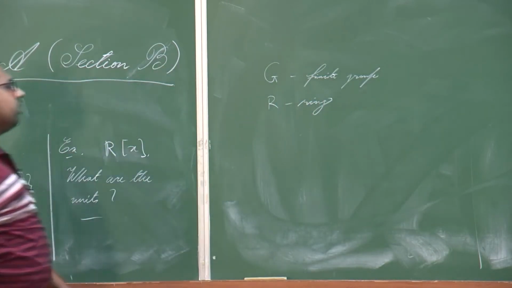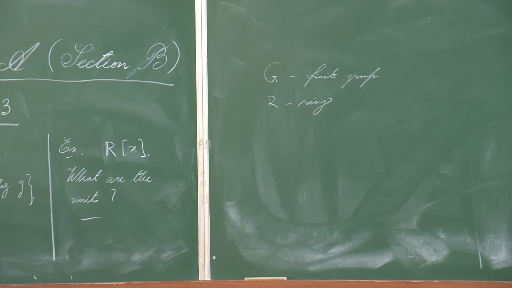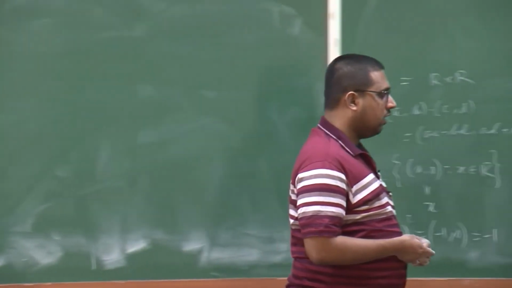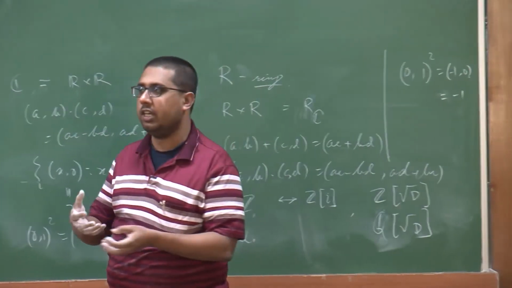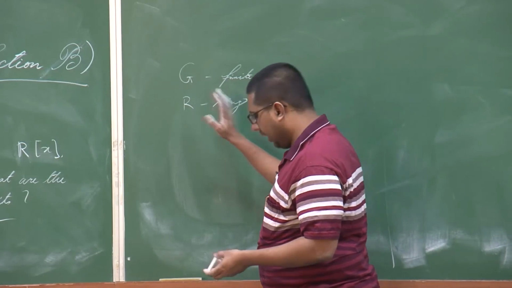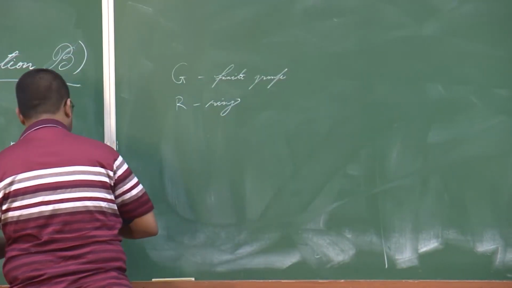What we are going to do is show that given a group and a ring, from these two things we can construct a bigger ring which contains G as a subgroup.